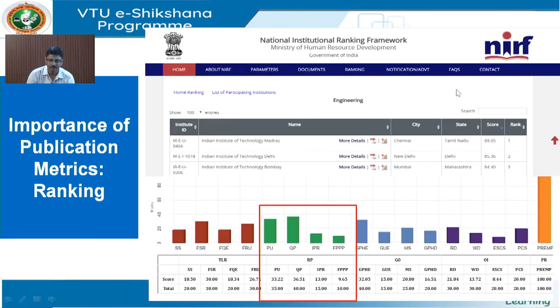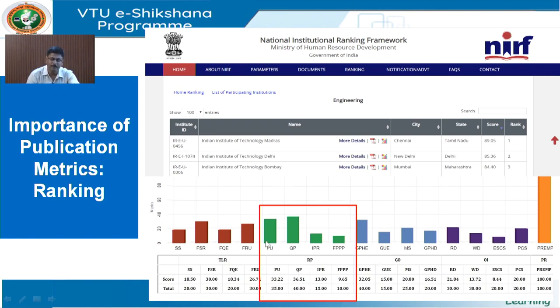Now look at our own NIRF ranking, which they do every year for various domains, and it is assessed for 400 weightage. In that, 100 weightage is for research and publications.